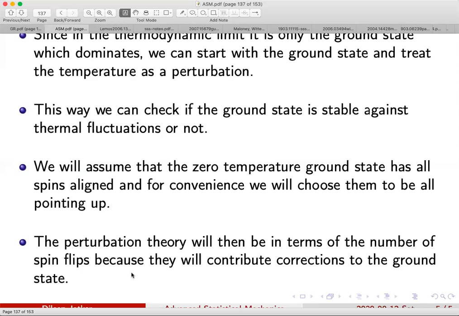So clearly this state at low temperature would be the first excited state compared to the ground state, which is completely ordered. And then of course the next state that one can look at is two spins which are flipped and so on. So our perturbation theory is based on the number of spin flips relative to the ground state. Okay, is this okay?